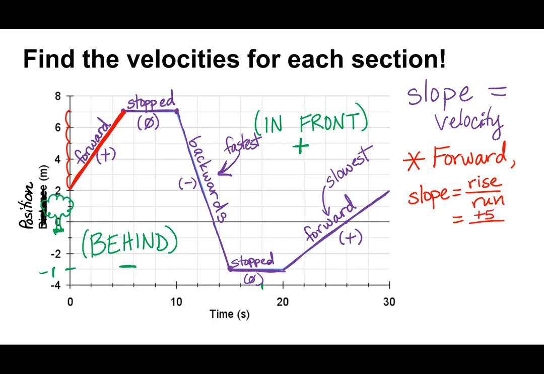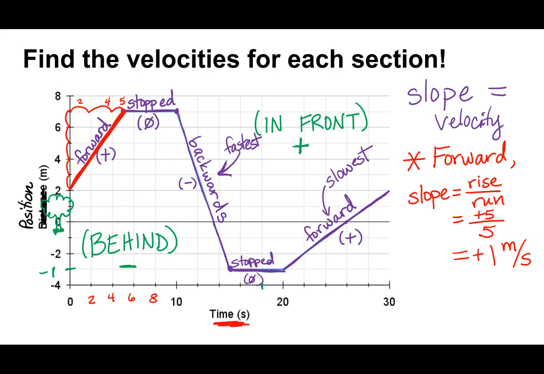And then the run, even though it's only 2.5 of these little tick marks, you have to realize down here, this is 2, 4, 6, 8, 10 seconds. So this is 2 seconds, this is 4 seconds, and so this is 5. And so we go up 5 meters and over 5 seconds to get a slope of positive 1 meter per second.